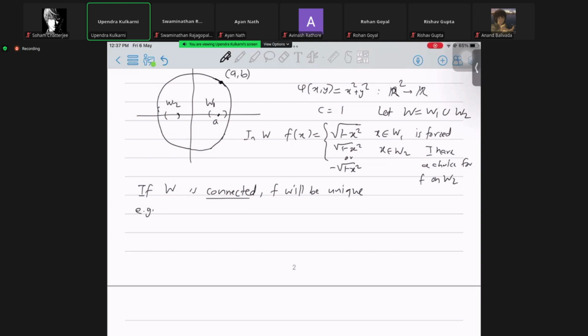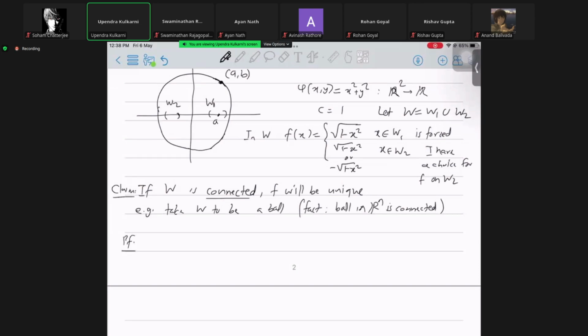But here, more to the point, if you are assuming that W is connected, then to show that F is unique, there is a standard way of doing that. For example, take W to be a ball. Then F is unique.